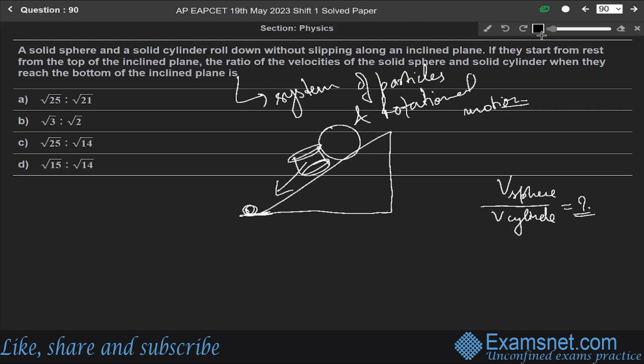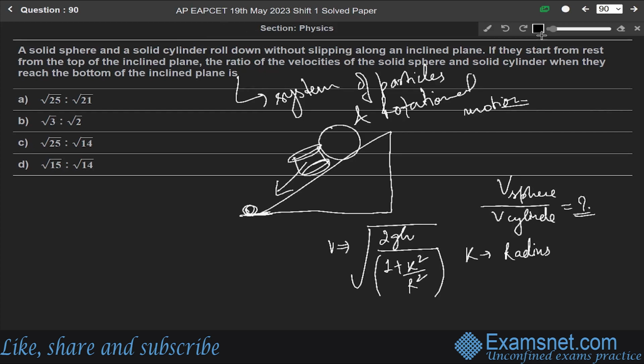First of all, the velocity of the rolling body at the bottom of the inclined plane is given as v equals the square root of 2gh over 1 plus k square over r square, where k is the radius of gyration.